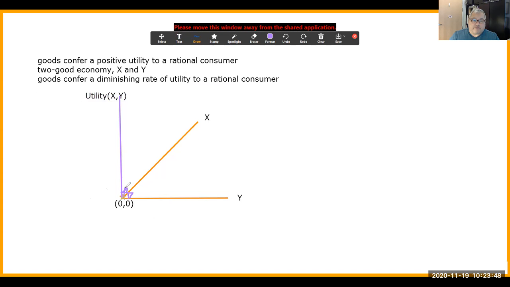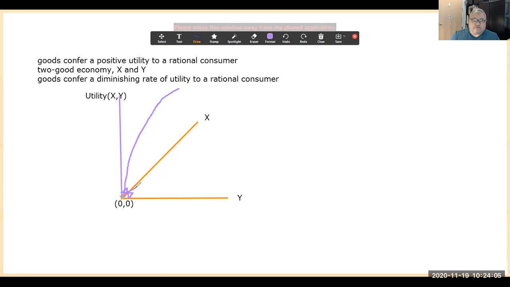So if we move around the plane between utility and X, the more utility, but at a diminishing rate. Notice how this line is going up, but it's going up at an ever decreasing angle. If we do a trace of the plane between utility and Y, the same thing happens.